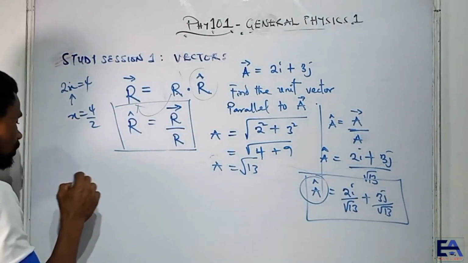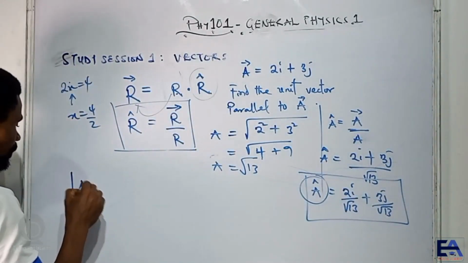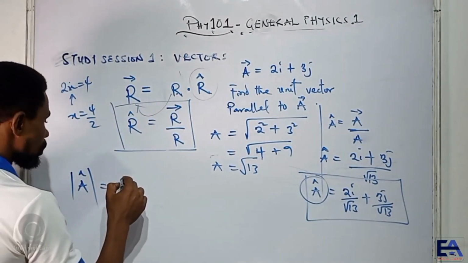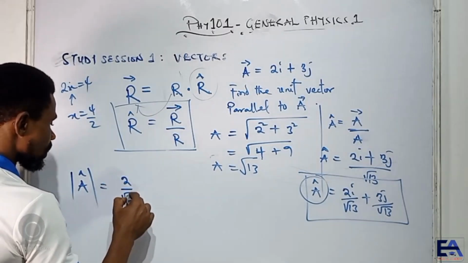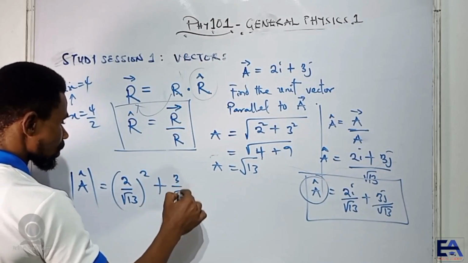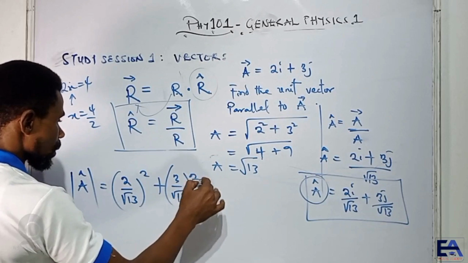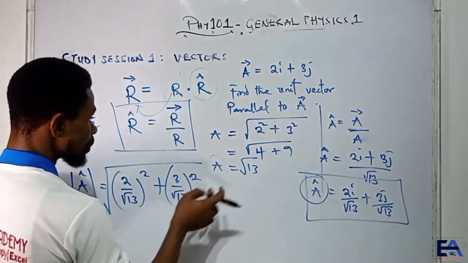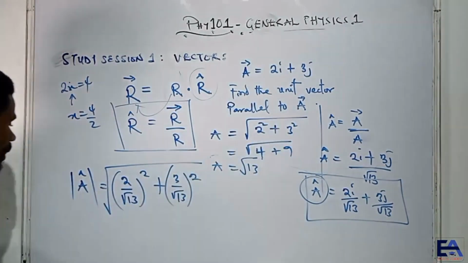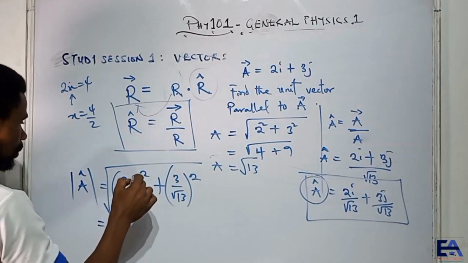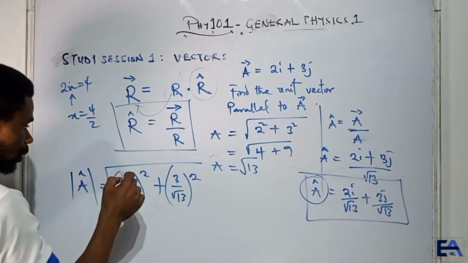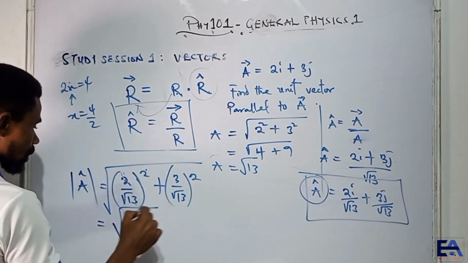So the magnitude of the unit vector of A that we just got is going to be the square root of 2 over root 13 all squared plus 3 over root 13 all squared. This is according to the formula for finding magnitudes. The square affects the numerator and the denominator, so 2 squared will give us 4.